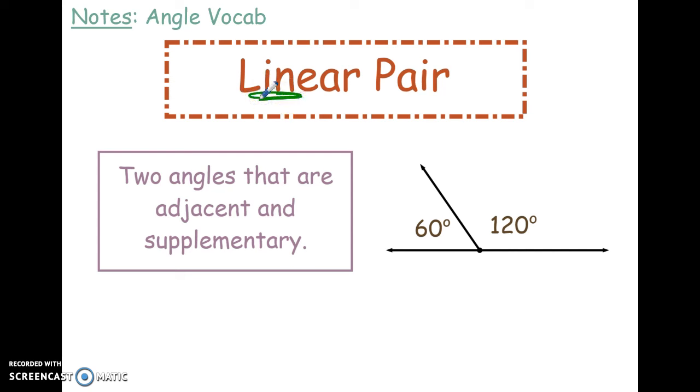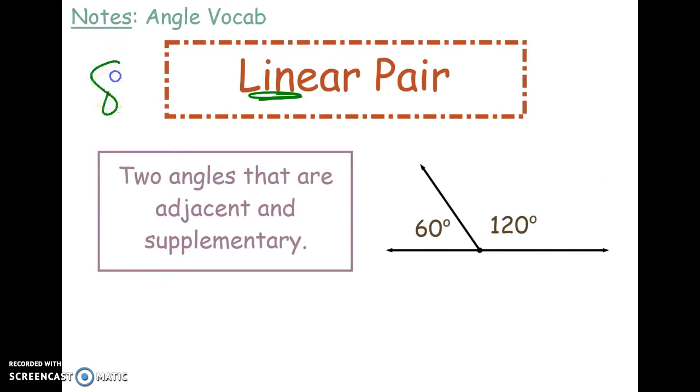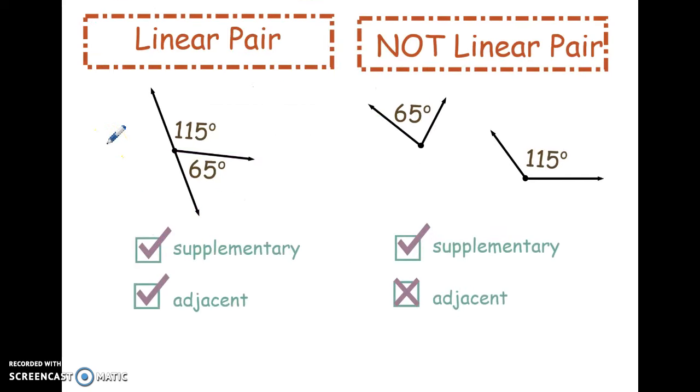It has the word line in it. Oh, sorry, that was number 8. A linear pair has to be supplementary, has to be adjacent. So if they're not adjacent, it's not a linear pair. So yes, these two angles add up to be 180 degrees.